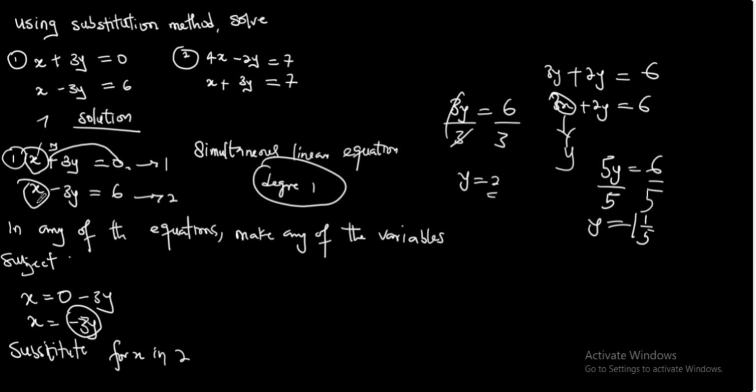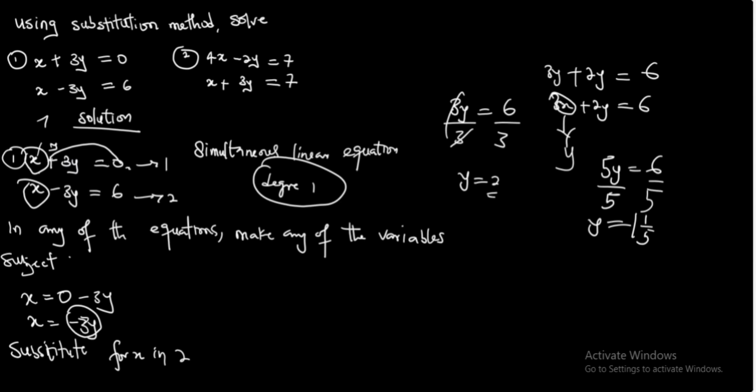If I decide to make x or y subject of formula in equation 2, then I will substitute in equation 1, whichever way. Any equation you make a variable subject of formula in, you can't substitute in that same equation. You substitute in the second equation. I hope that is clear.